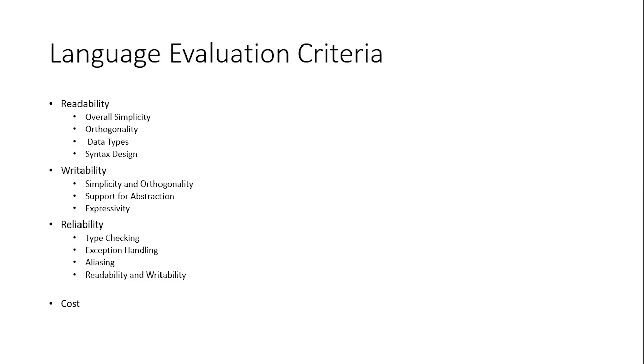And most criteria, like readability, writability, and reliability, are neither precisely defined nor exactly measurable. They are useful concepts and they provide valuable insight into the design and evaluation of programming languages.